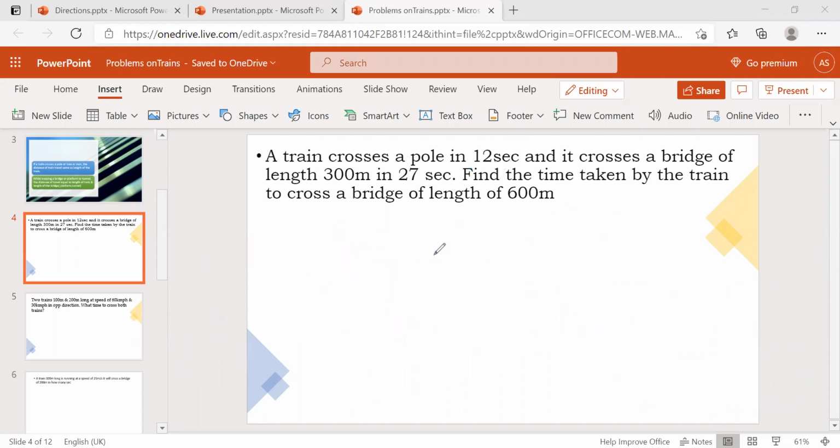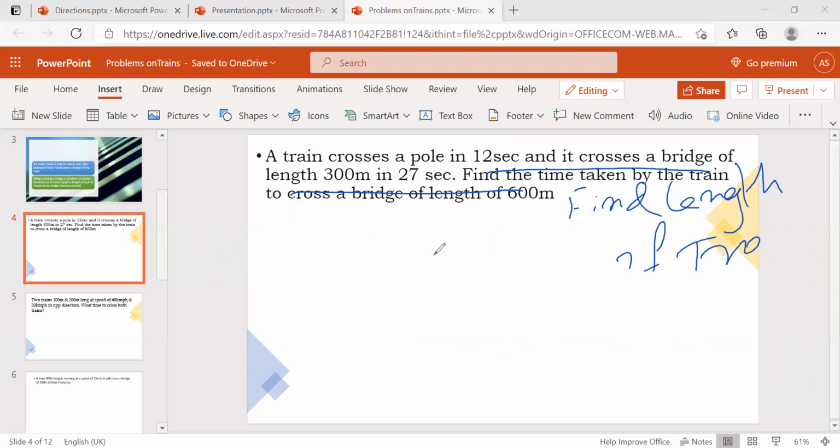I'll move to the next question. From this one only, from the same data, if they didn't ask about the bridge, and instead they asked to find the length of the train. See, now, what will be the length of the train here? Same data.